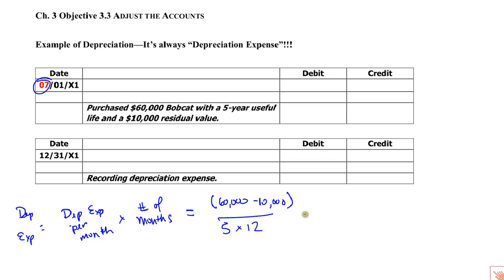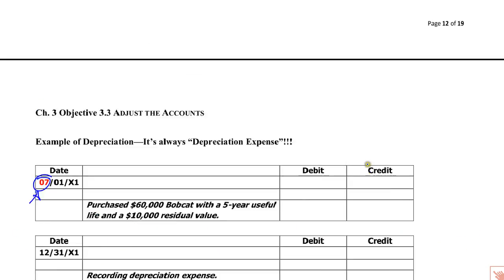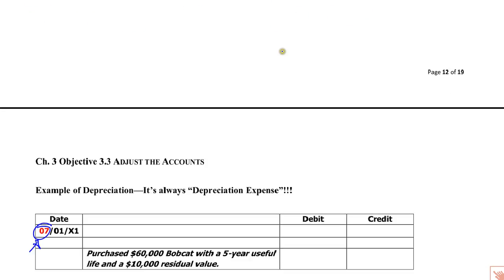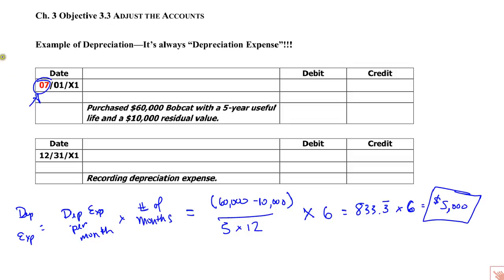And since in this second case we bought it in July, so it's half a year or 6 months, this would be times 6. So we have 833.3 repeating times 6 equals 5,000. All right, does that seem correct? Yes, because we had a full year 10,000, so half a year should be 5,000.